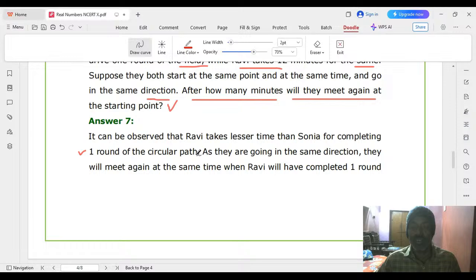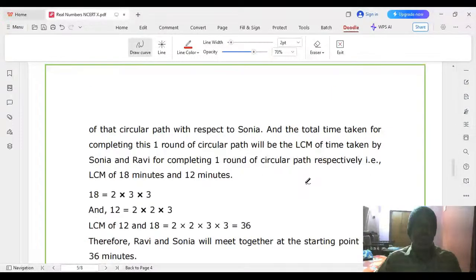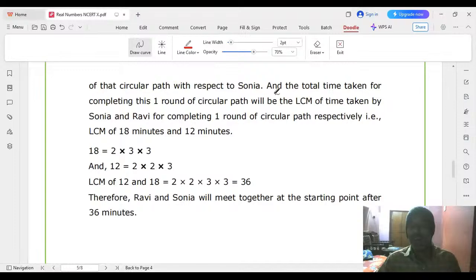As they are going in the same direction, they will meet again at the starting point after the time equal to the LCM of their times for one round of the circular path, which are 18 and 12 minutes. So we find the LCM of 18 and 12.